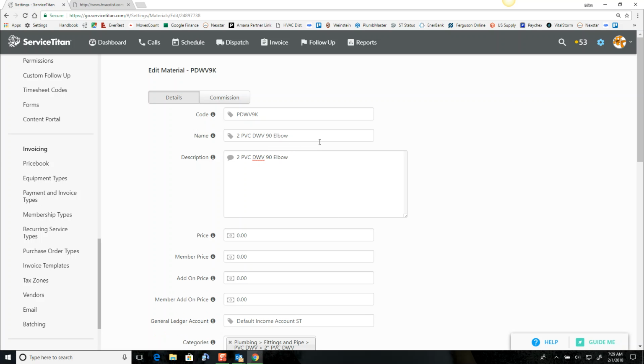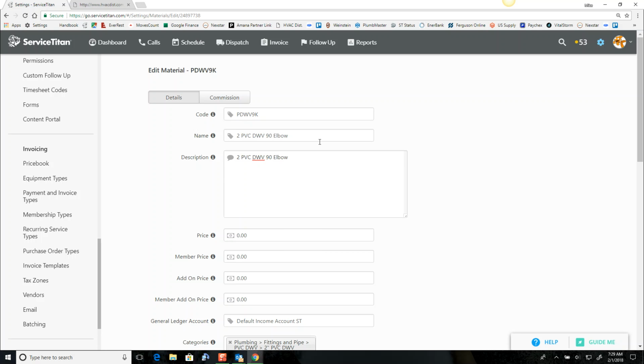I really want to drive that point home. This is how I set up my entire material book, because I don't want the same fitting represented 3 different times in my book. There's not 3 different fittings, it's the same fitting. I hope that gives a better understanding of how I would want and expect Service Titan to work.